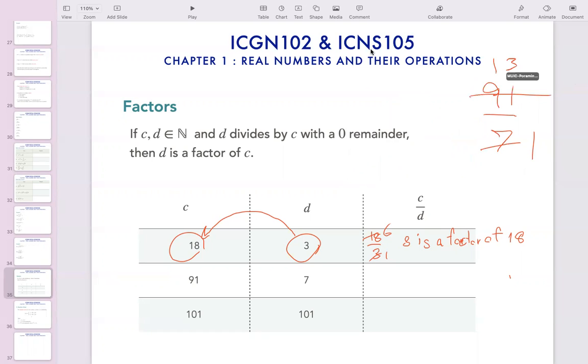The remainder is 0, right? So that means 91 is divisible by 7. When 91 is divisible by 7, we can conclude that 7 is a factor of 91.